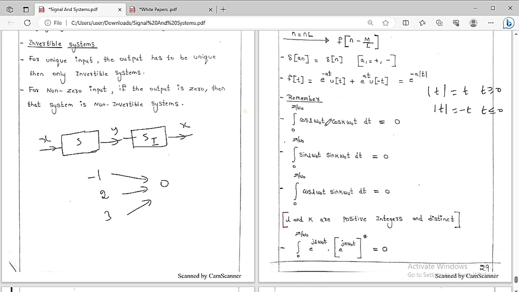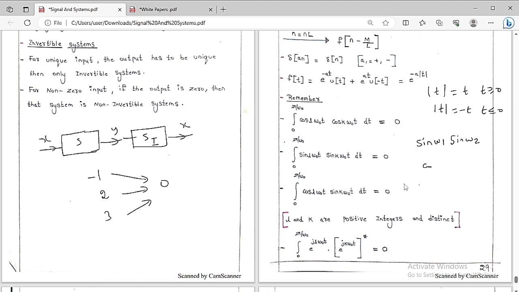See, one is cos and the other is also cos, or cos sin, or sin cos, which is the same. But L and K should be different, and you should do the integration from 0 to 2 pi by omega naught with respect to time. Then only we can say its value is equal to 0. So I can say like this: sin of different frequencies, suppose sin of omega 1 and sin of omega 2.